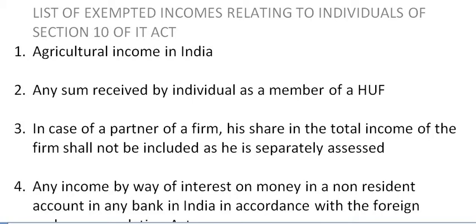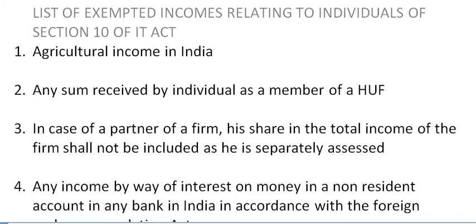First is agricultural income earned in India. Any agricultural income that is earned at any corner of India is exempted from tax. In the previous classes also we have seen that agricultural income earned in Delhi, Bangalore, Belgaum, etc. is considered as exempted income, but agricultural income that is earned in a foreign country is considered while computing gross total income of an individual.